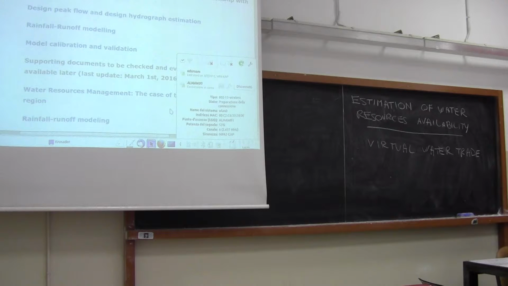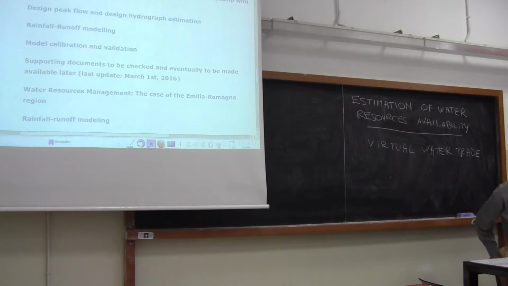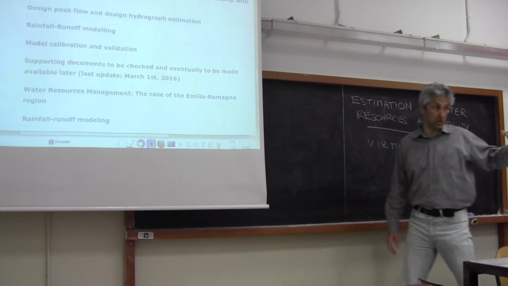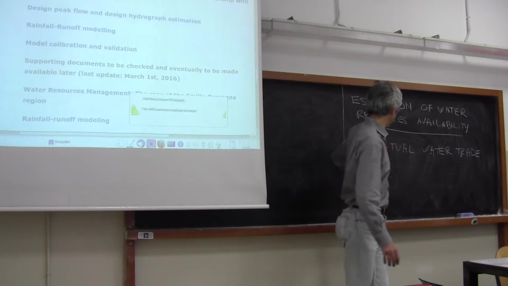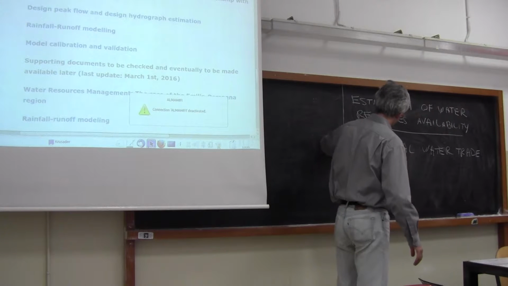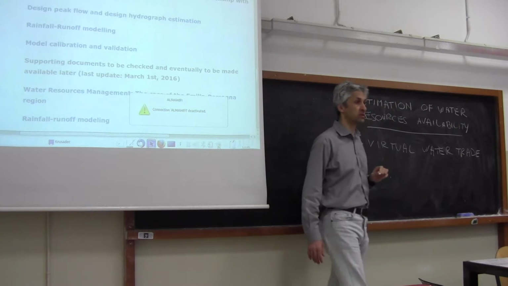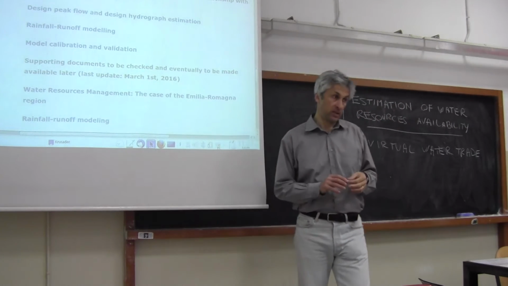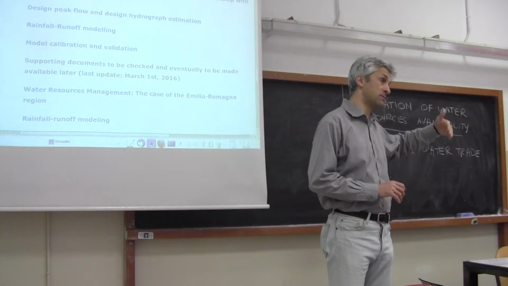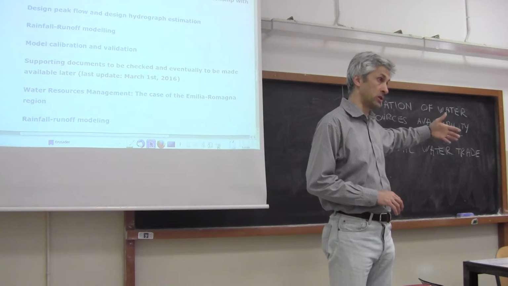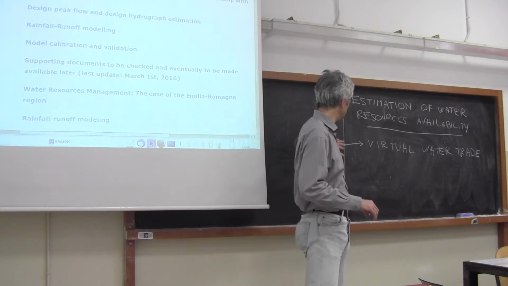So basically, exporting meat instead of exporting water means that it's equivalent to exporting a lot of water, but it's easier and cheaper. And therefore, the virtual water trade is today an area of research that is increasingly inspected and analyzed by researchers because it's a possible solution.